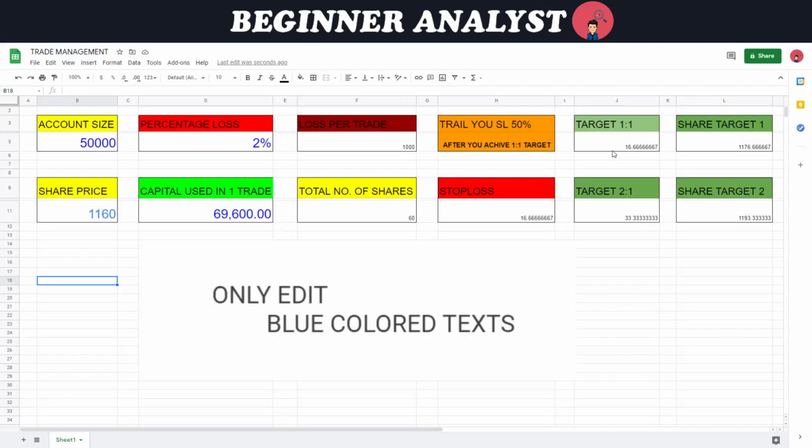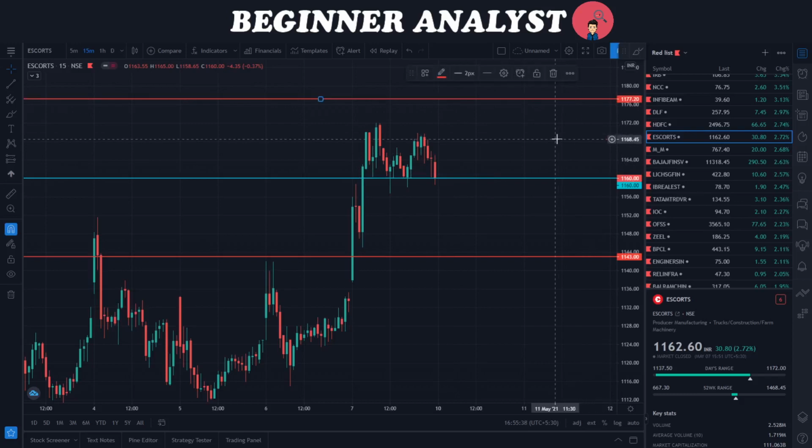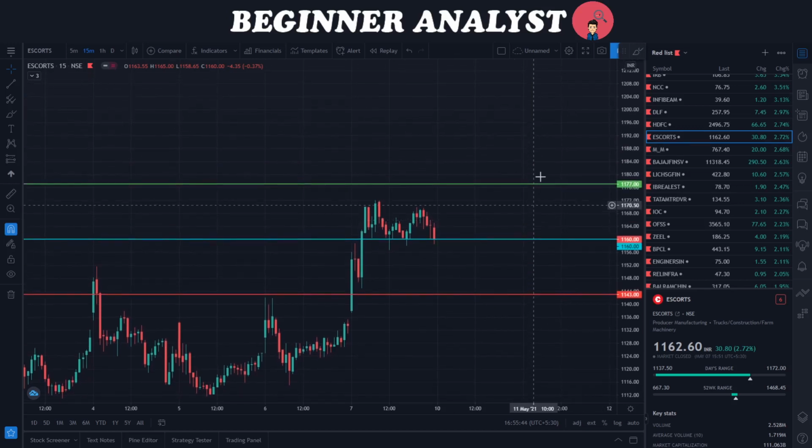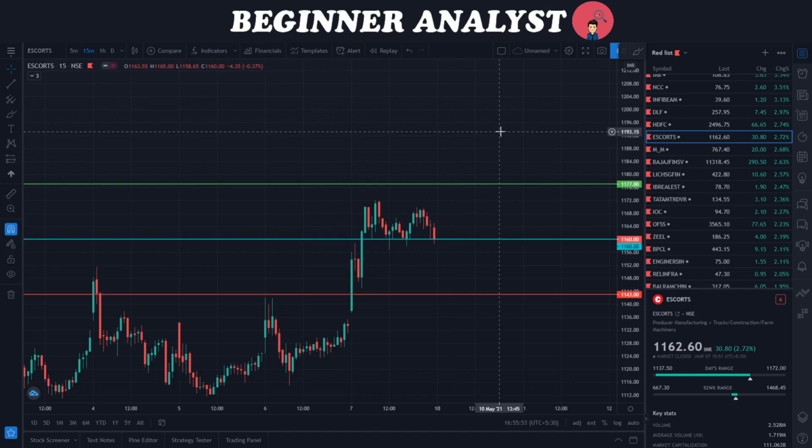And your target is 1176, which we are going to average, as we put in 17, to 1177. It will come over somewhere over here. Okay, this is our target 1, and our target 2 is going to be 1193, as we are going to average this 0.33 to 1193.